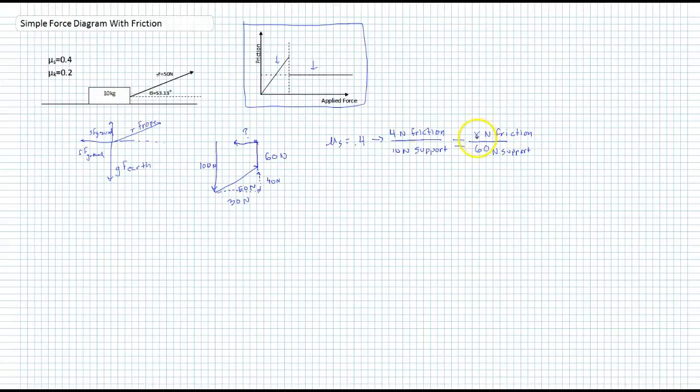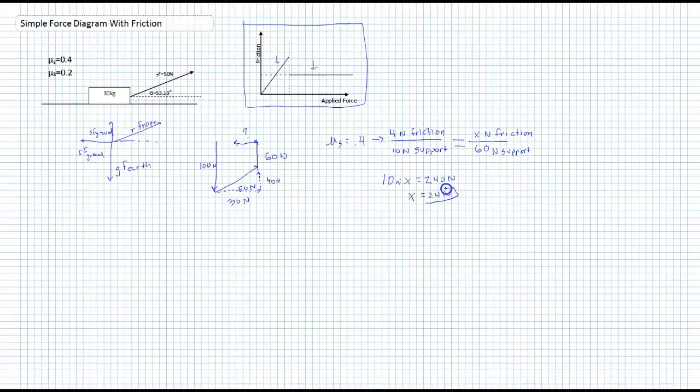If this number is greater than the 30 needed to balance out that vector diagram, then I know that I am still in the static state, which means that it's at rest. So I'm going to cross multiply. I've got 10 times x equals 240 newtons. That means x equals 24 newtons.